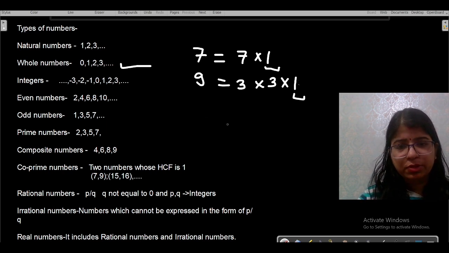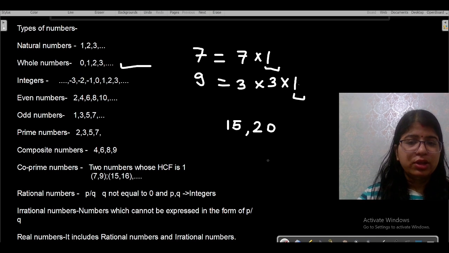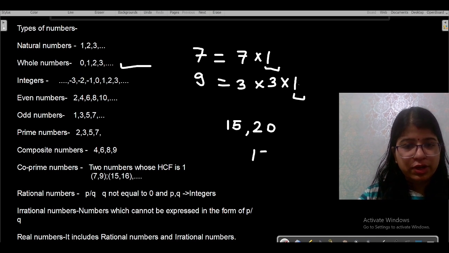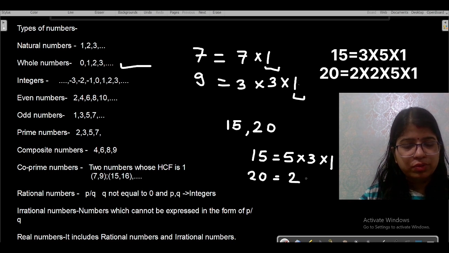If I give you an example, can you tell me 15 and 20, will it be co-prime numbers or not? So how will you see? Firstly we will write 15 by prime factorization, 5 into 3 into 1, and 20 you will write 2 into 2 into 5 into 1.